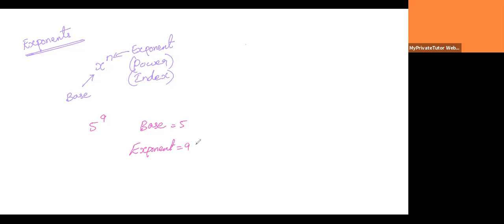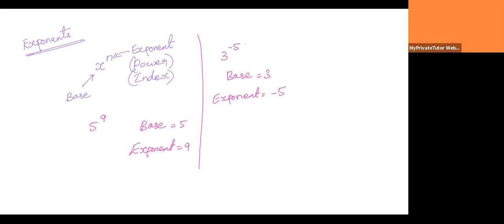Another example, 3 power minus 5. The base here is 3, and we have a negative exponent, so we need to write minus 5 as the exponent.